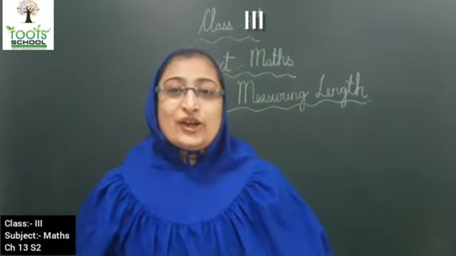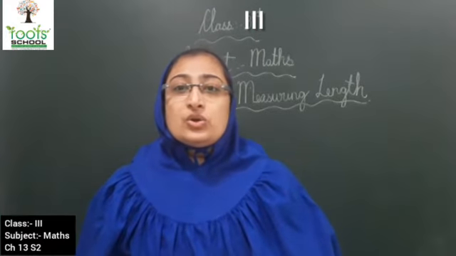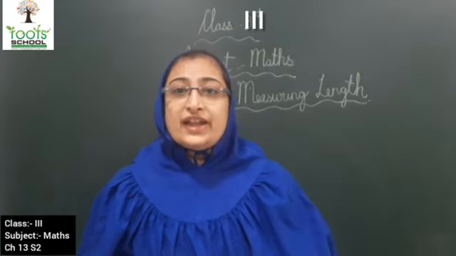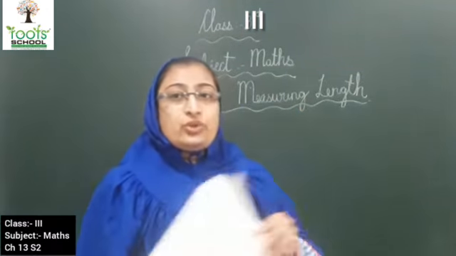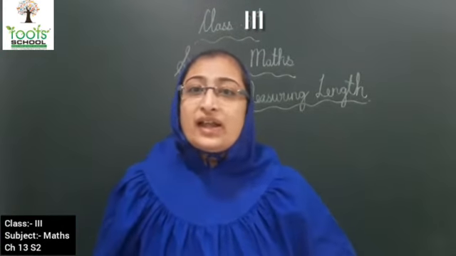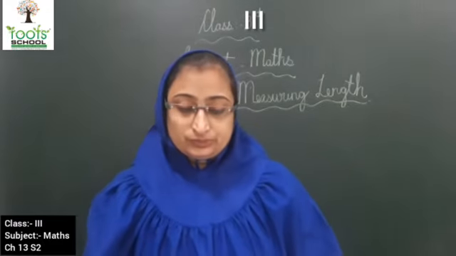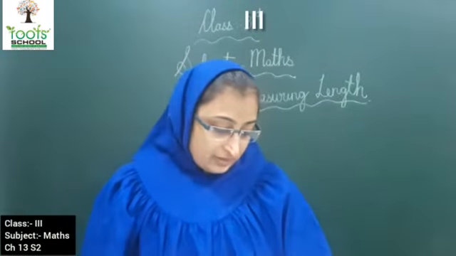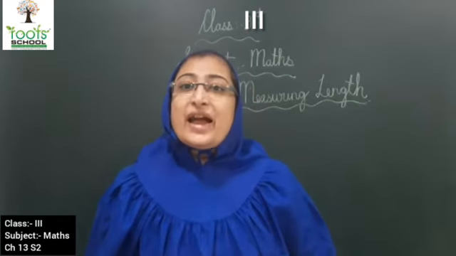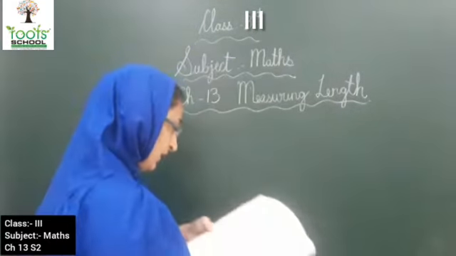Very good kids. Okay. So kids, now every one of you go and get your maths discovering book. In that you have to open page number 162. Today we are going to do practice zone 3.